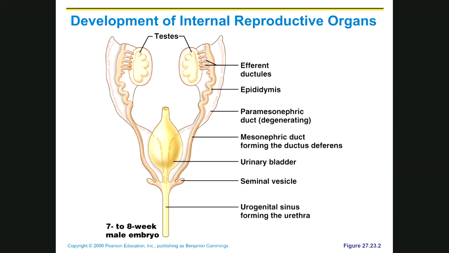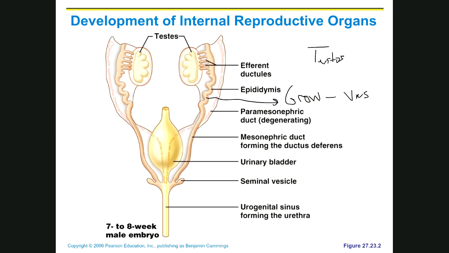And so what's going to happen with testosterone is, remember there were two sets of tubes in here. One set of tubes is going to grow, and it's going to become this vas deferens.